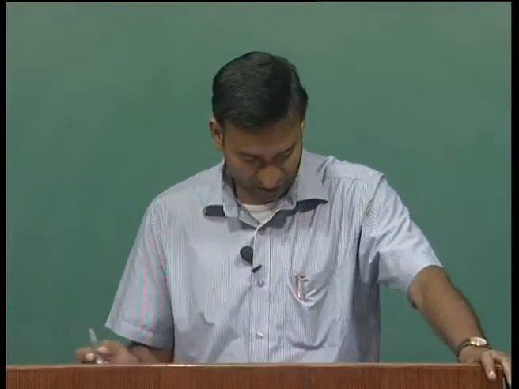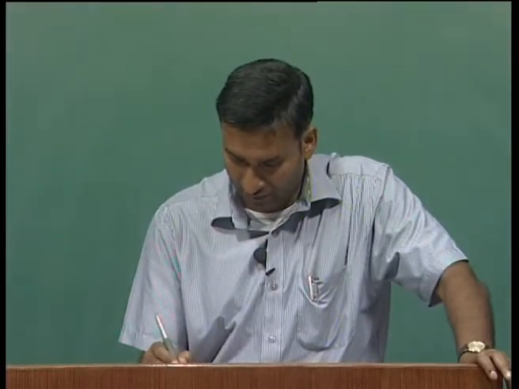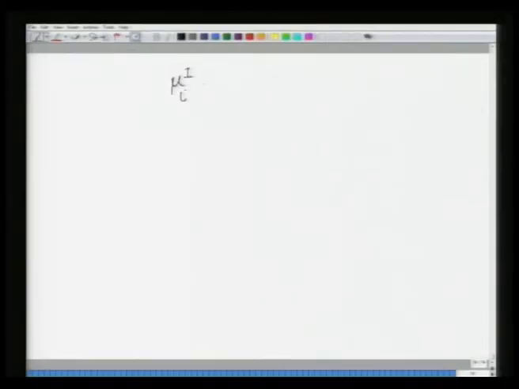As a result, I can now write mu I of side 1 minus mu I of side 2. I rearrange the terms, taking the chemical potential term on one side and the electrical potential term on the other side, and this becomes equal to minus Zi F times the difference in phi between 1 and 2.